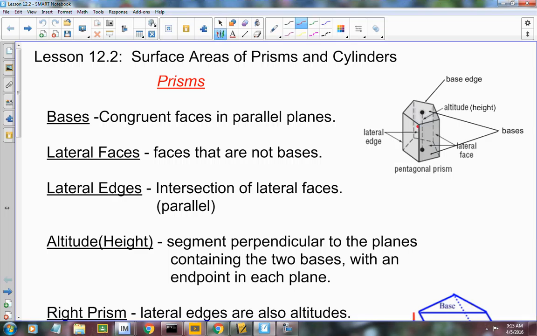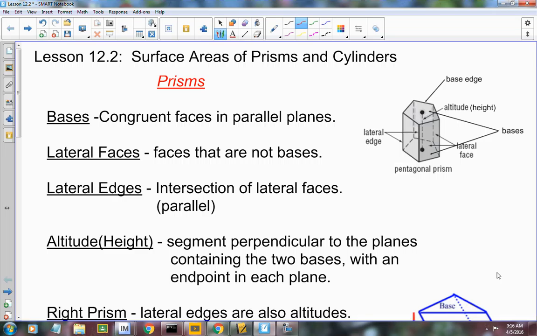So, like right here is a lateral edge, and it's the intersection of this lateral face and that lateral face. And the thing about the lateral edges is that they are parallel to each other. So these lateral edges are parallel to each other.